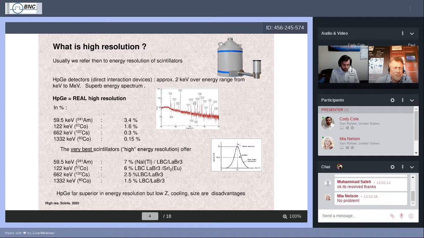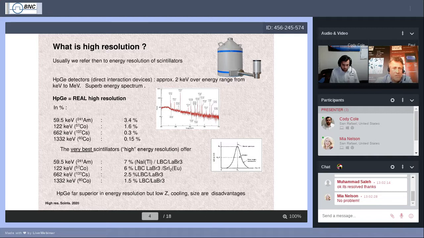If you would convert that 2 keV in percent, you will get the following numbers for a germanium detector. And resolution is the top table. Resolution goes from 3% at low energy up to, at 1 MeV, a fraction of a percent. And this is quite different from the best what we can achieve with scintillators.